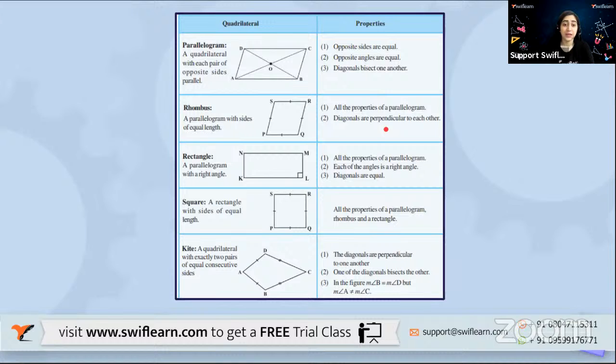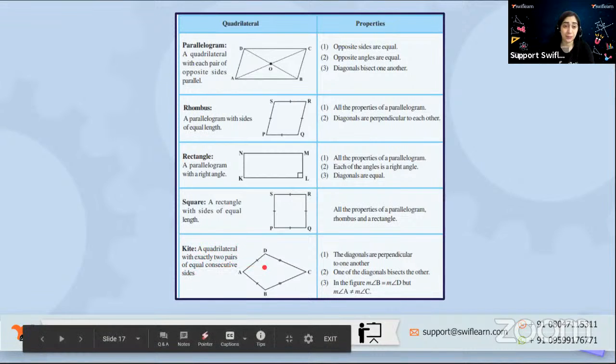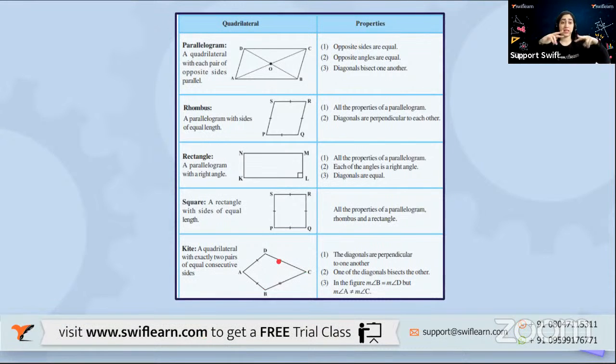Coming on to the kite, a quadrilateral with exactly two pairs of equal consecutive sides. What is happening in a kite is that side AD is equal to AB and BC is equal to CD. So the two sides which are adjacent to each other are equal, but the opposite sides are not equal.